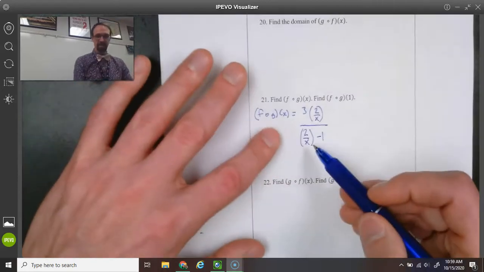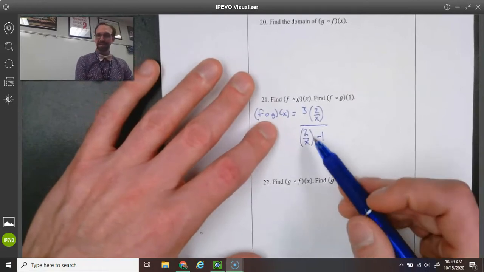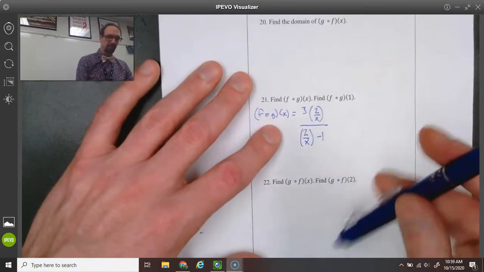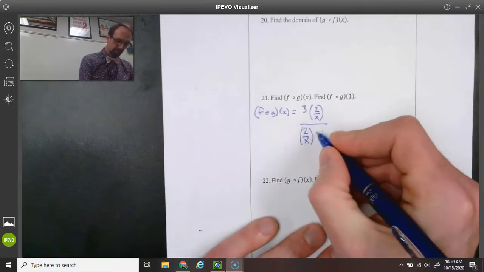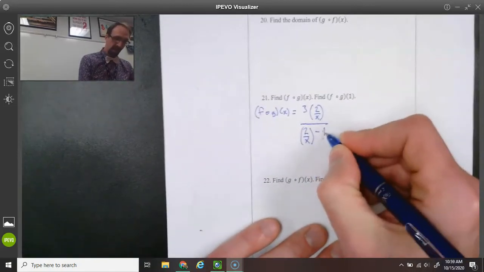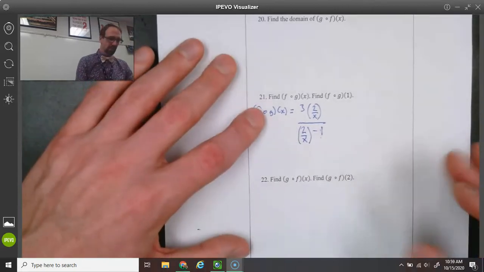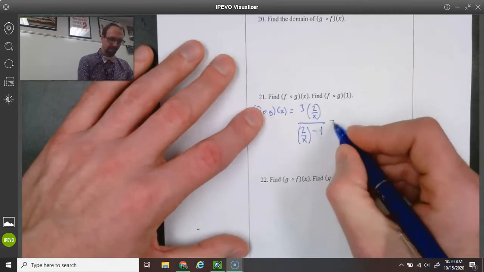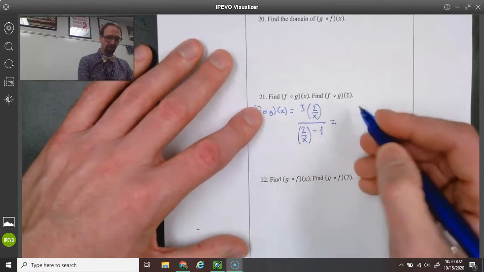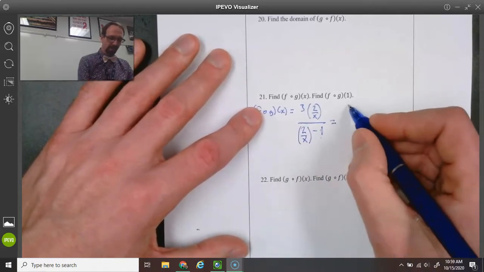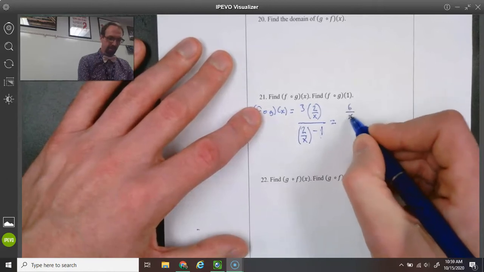Now, in this instance in the denominator, I don't really need the set of parentheses, but it is helpful to see, again, when you subtract 1, remember you're subtracting 1, and I'm aligning this as the numerator. To simplify, the numerator, 3 over 1, I can just multiply times 2 over x. So that gives me 6 over x here.